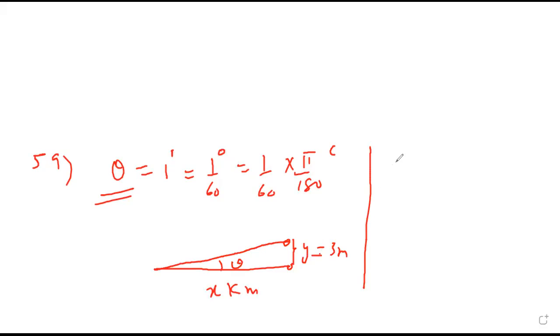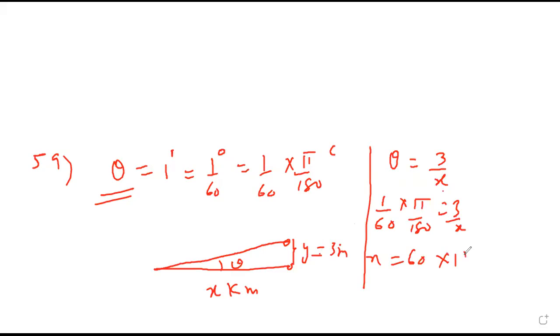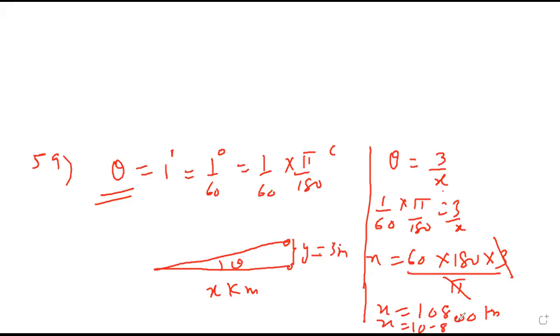So tan theta is the same as theta for small angle. So theta is 3 upon x. This is in meter, so this x will be in meter. We have to convert into kilometer later. So theta is 1 upon 60 into pi upon 180 equals 3 by x. Therefore, x is 60 into 180 into 3 upon pi. Pi and 3 we can cancel roughly. So this is 108, two zeros, in meter. That you can write as 10.8 kilometer.